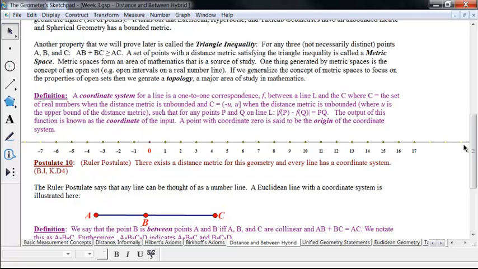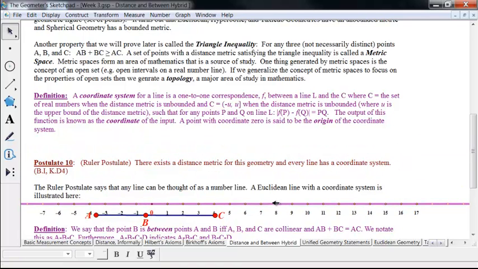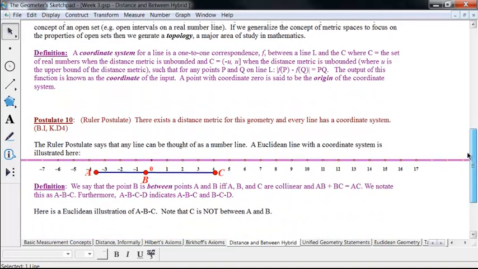So the ruler postulate says there exists a distance metric for this geometry, and every line has a coordinate system. This is essentially what Birkhoff is saying in his first postulate. The ruler postulate says that any line can be thought of as a number line, and what you see right here is what a Euclidean number line looks like.